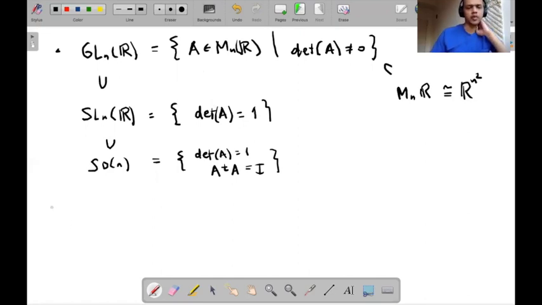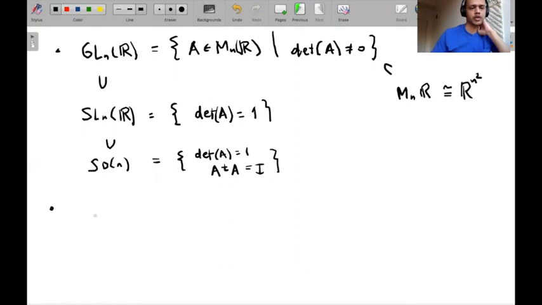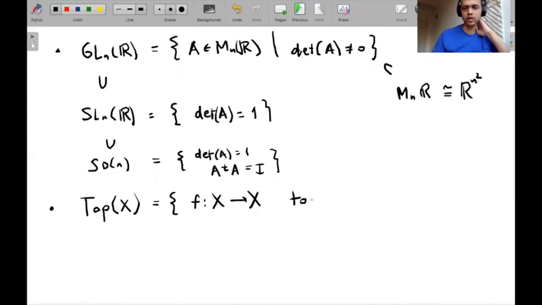And then, let me finish with just one more example, which is the group of all topological equivalences on a space X. So I'm denoting this Top X, and the objects here are functions X to X which are topological equivalences.